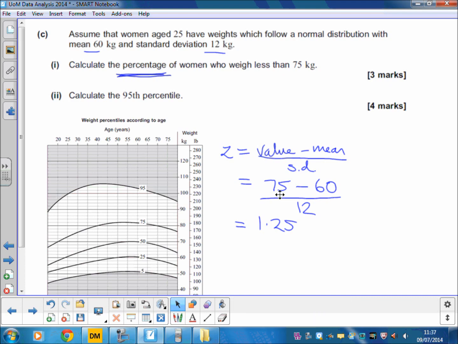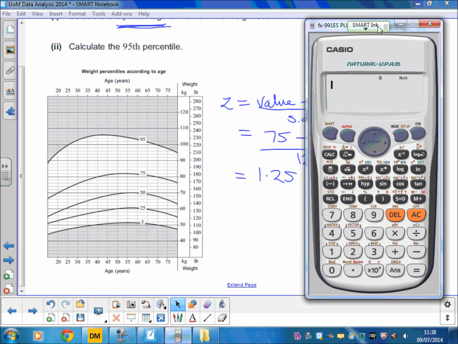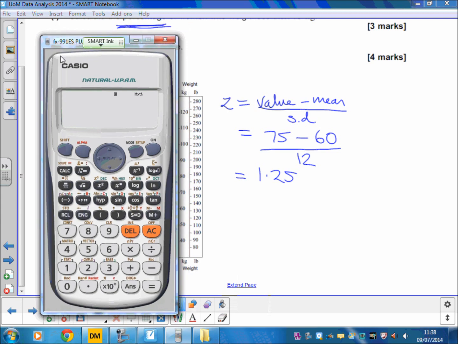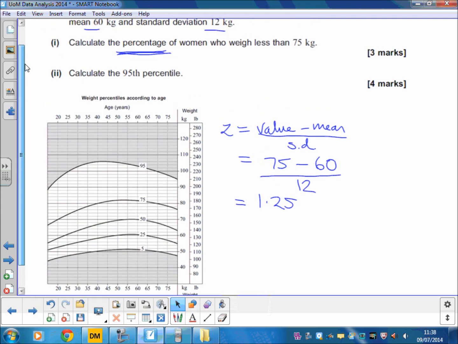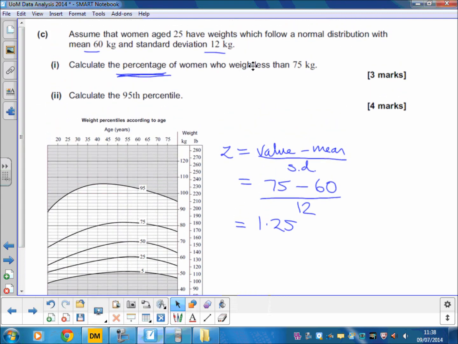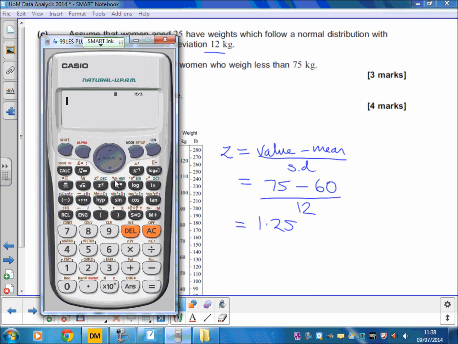Once we've got our 1.25, we need to go into our calculator. Now it did say less than. So go into stats mode, 1 var, all clear straight away. And we do shift stat. Number 5 is our normal distribution, and this is just P of 1.25 because we want less than, and that gives us the answer there.